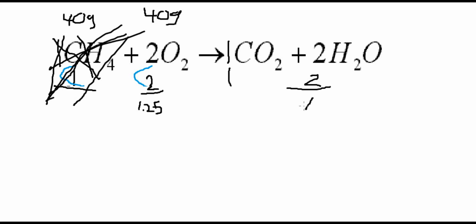We can find out how many moles. Just put an X in here. That's what we're trying to figure out. 1.25 times 2, because we're cross multiplying. It's the same thing that we've done before. So 1.25 times 2 equals 2.5. 2.5 equals 2x. So you're going to divide that by 2.